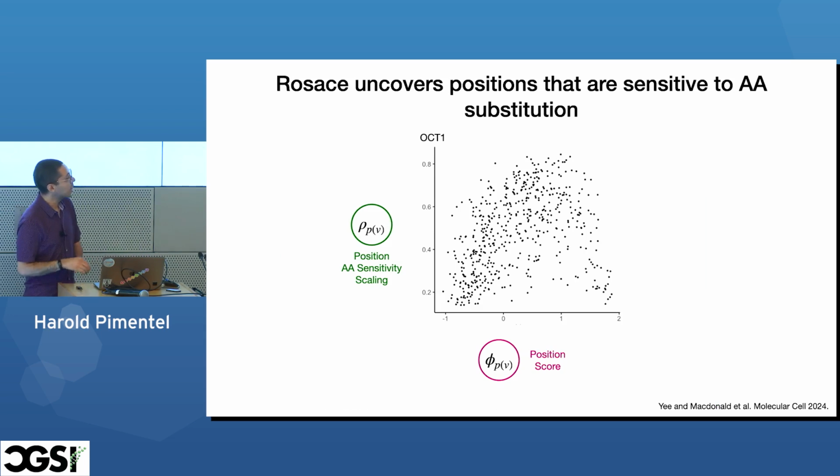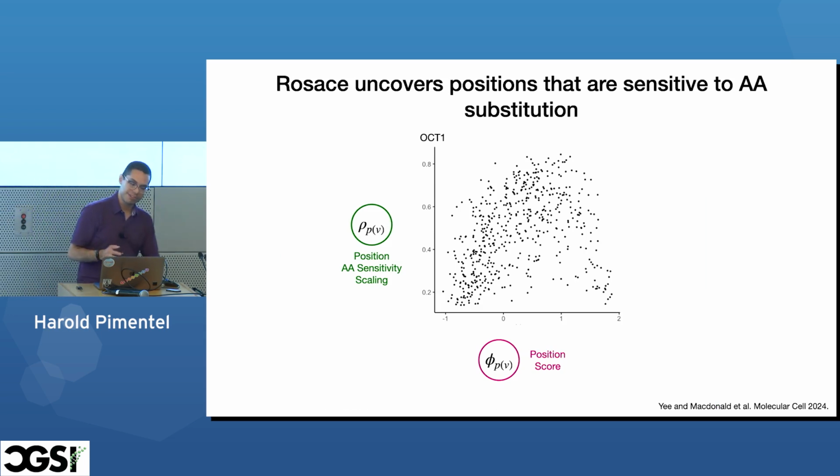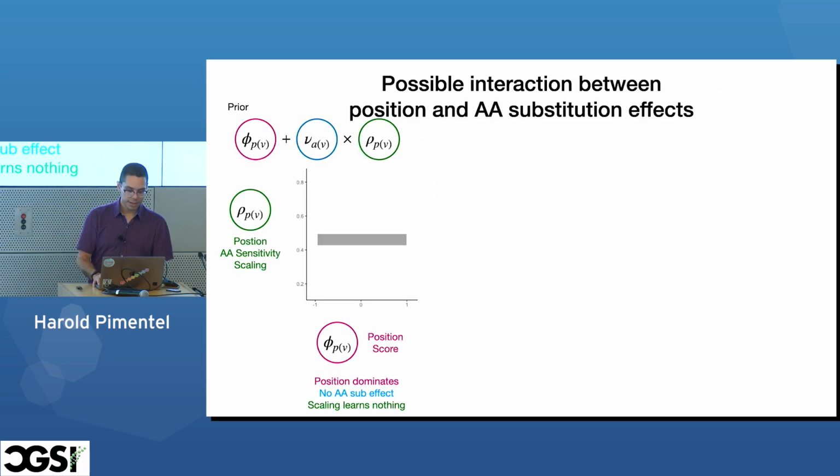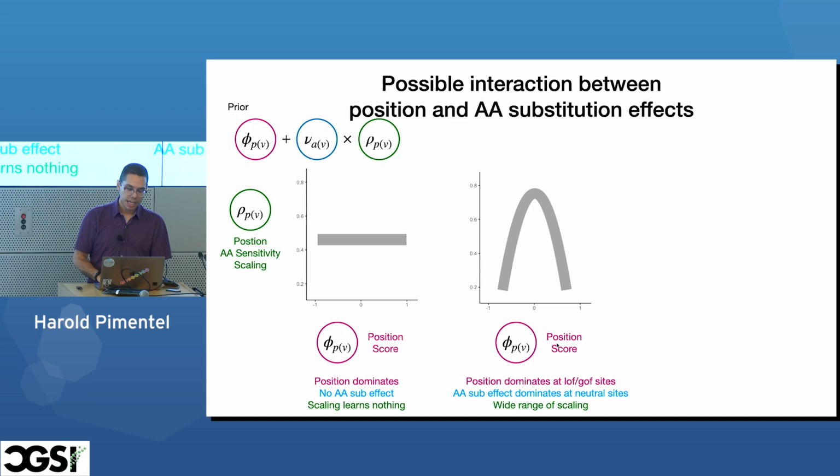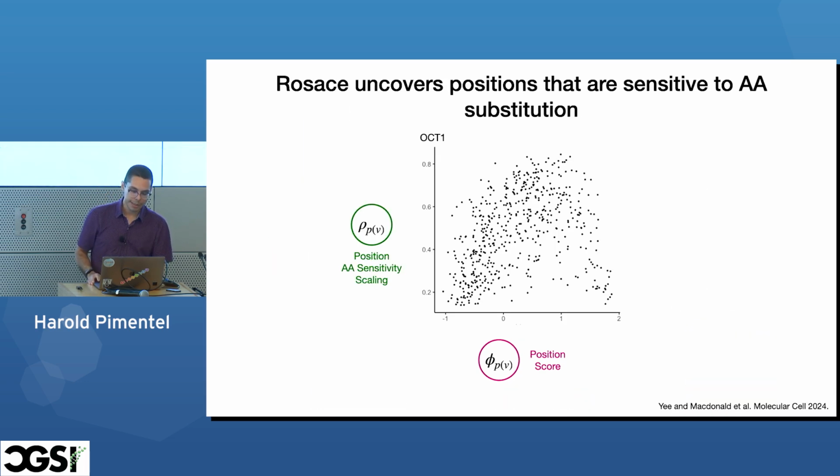It turns out that all the data sets we've looked at, about 10 so far, which is still very preliminary, have this U shape. In the regime of really strong gain or loss of function, position dominates, but when you're closer to neutral, the amino acid substitution matters more. Okay, so why is this interesting?